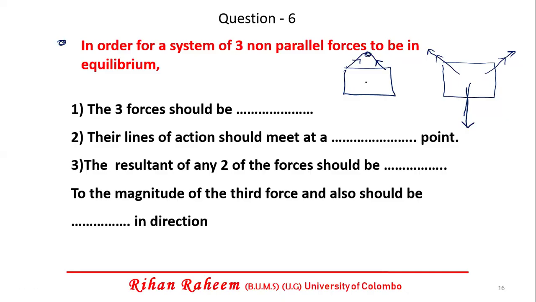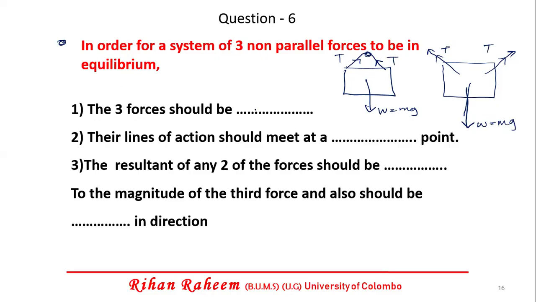Tension, and the weight of the object, W equals mg. This side will be the tension, and this side will be the tension. Here also tension. These two are the best examples for three non-parallel forces which are under equilibrium.